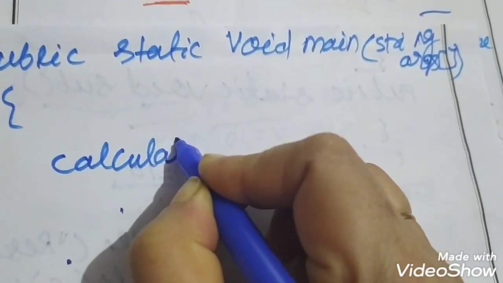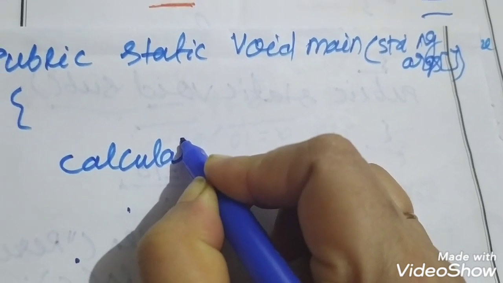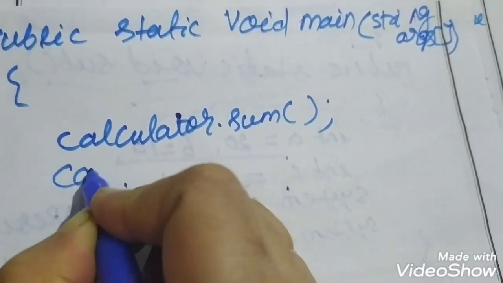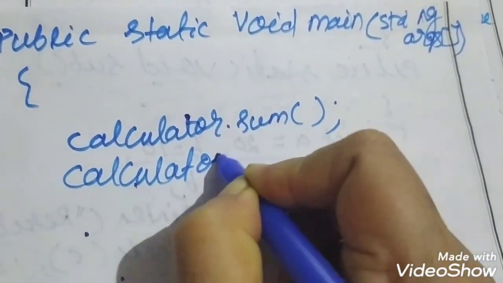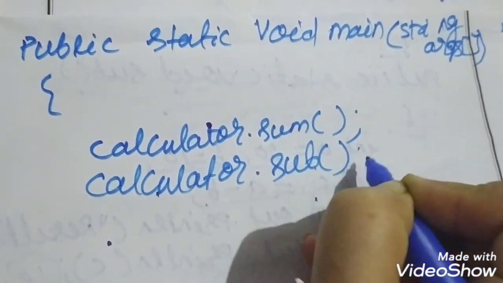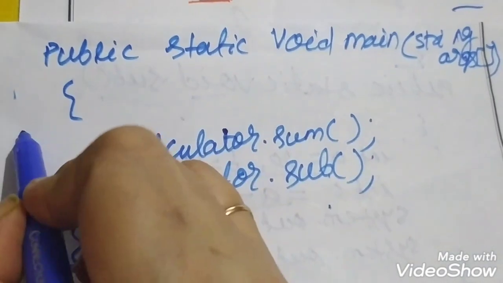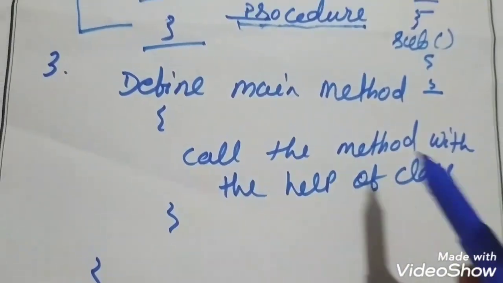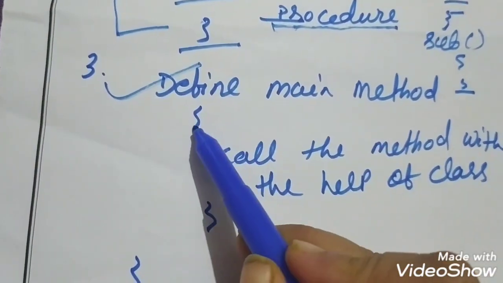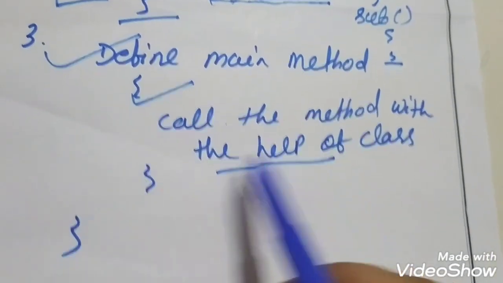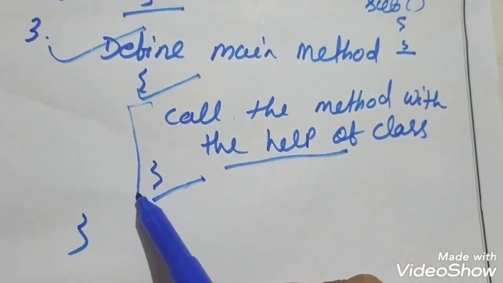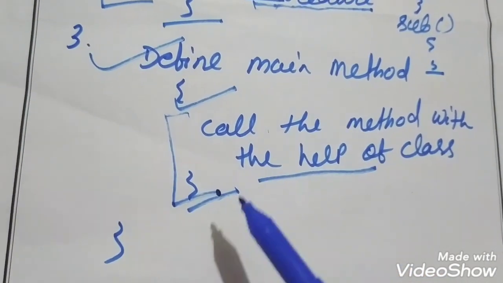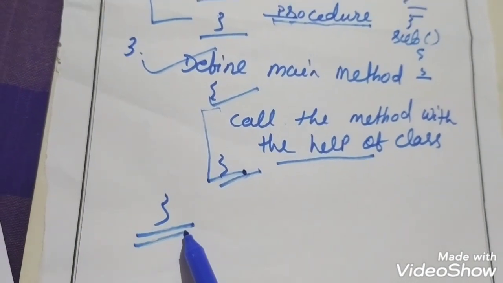Calculator.sum method, then Calculator.sub method, then you have to finish the main function, and then the class has to be finished here. Okay, now comes to this part, define the main method. Curly braces, call the method with the help of class, and the curly braces will be ended here. And here the class has to be completed.